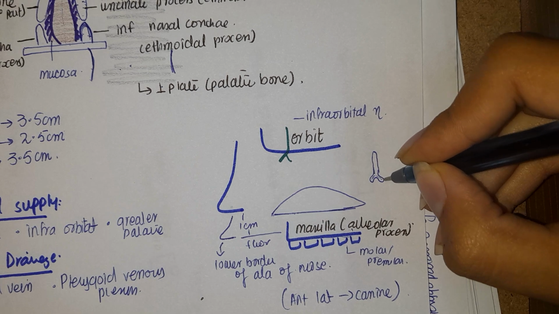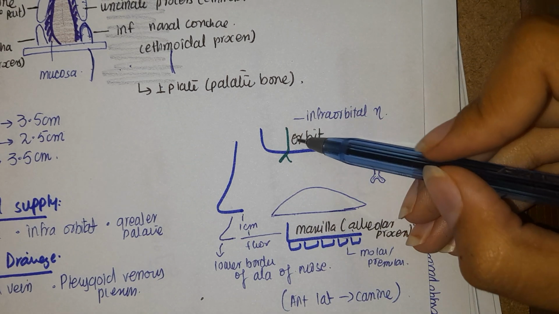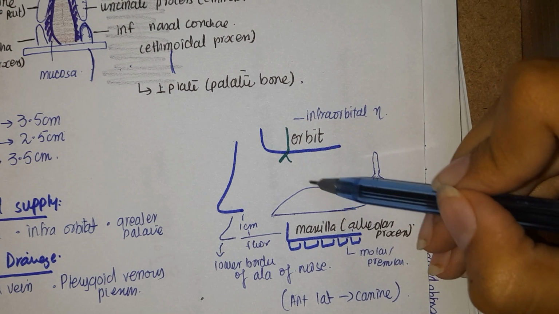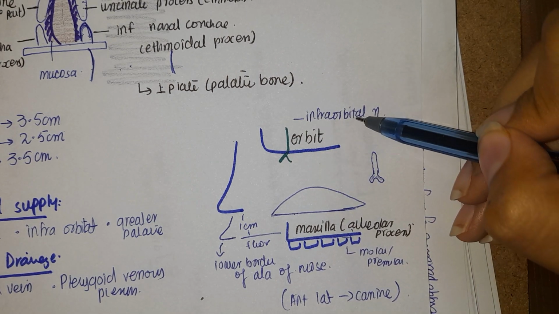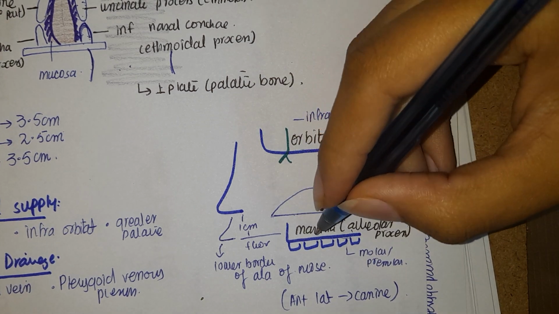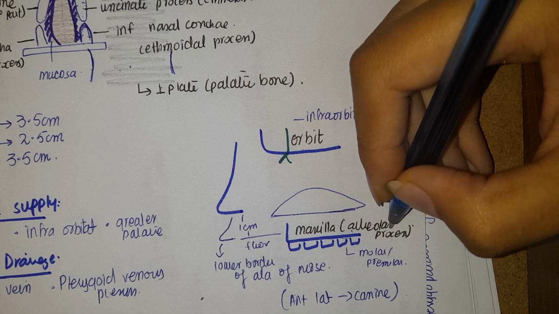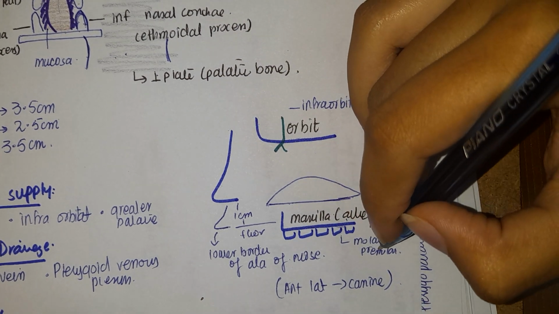So the ala of the nose is forming the lower part of the maxillary sinus. Now, superiorly, the maxillary sinus has the infraorbital nerve, which is going to innervate it. Also, inferiorly, the alveolar process is grooved by the molar and premolar teeth.